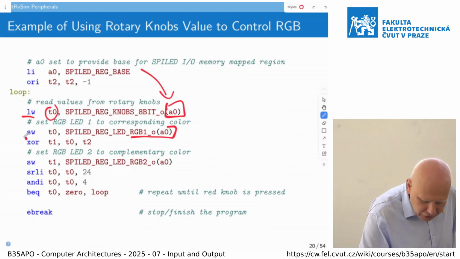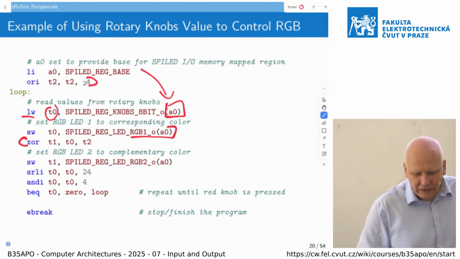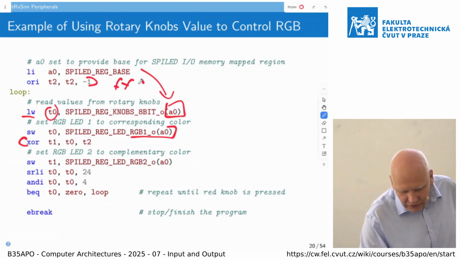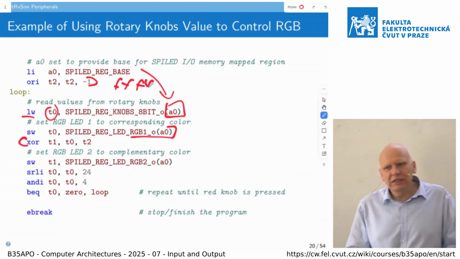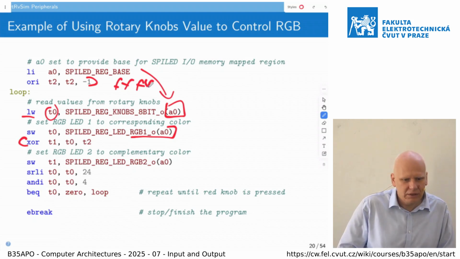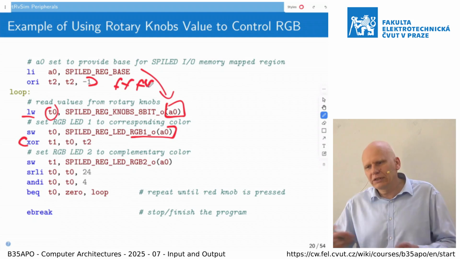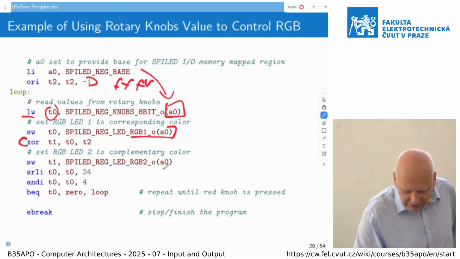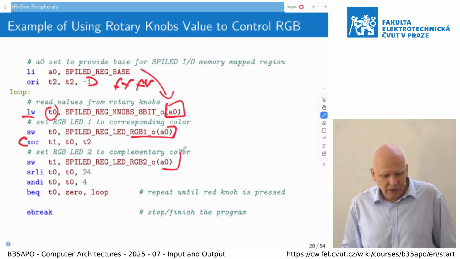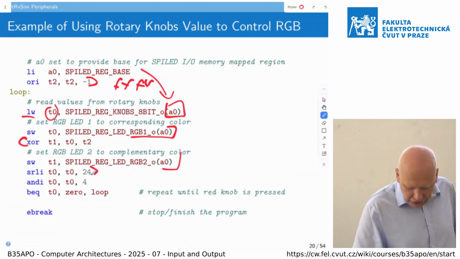And we can XOR the value with this -1, which is in fact all Fs. If we XOR the value, it is in fact computing the ones' complement. So we compute the complement color components to this color and can set it to the other LED. And we can even use some shift, for example here, to modify something.